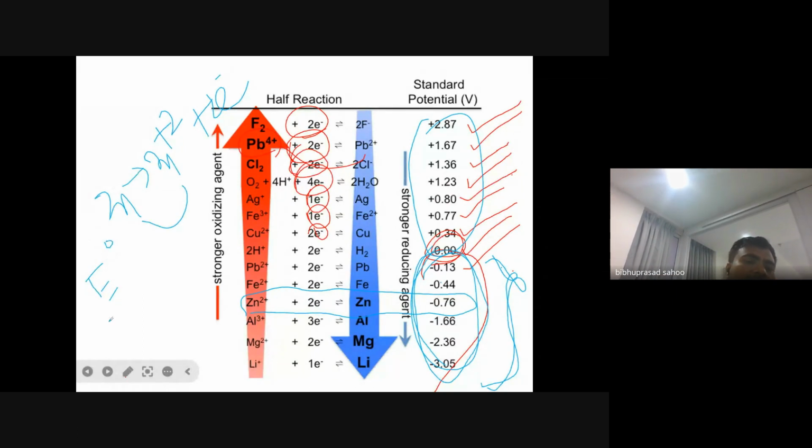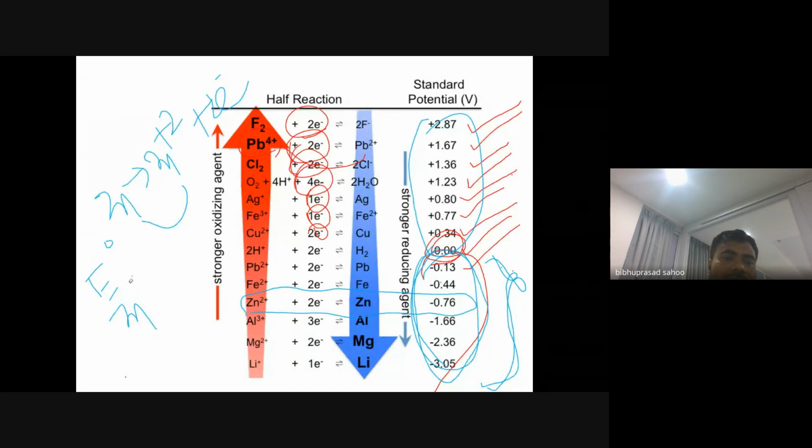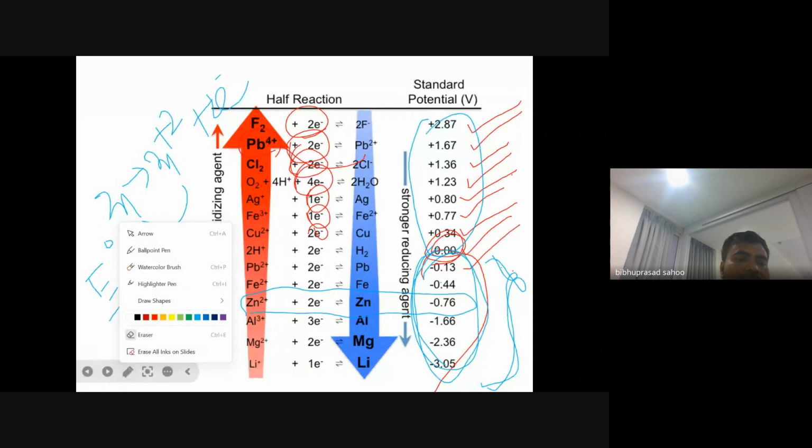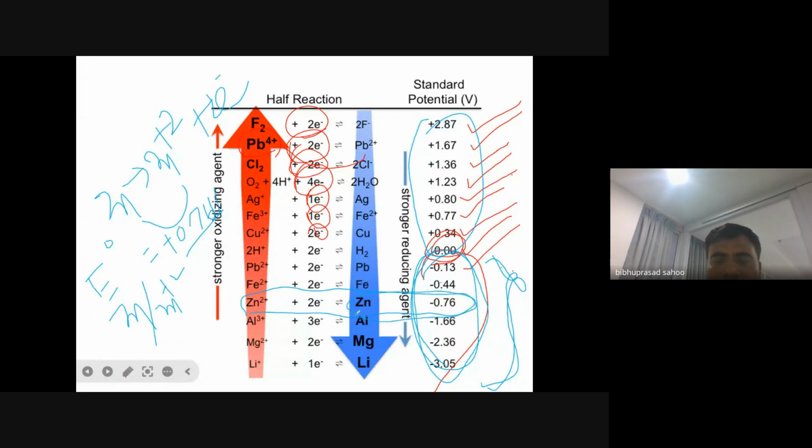So the standard oxidation potential of zinc is equal to positive 0.76 volt. See here, the standard reduction potential of zinc is negative 0.76.